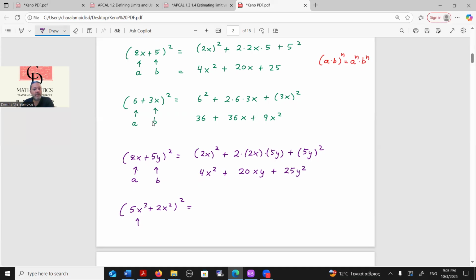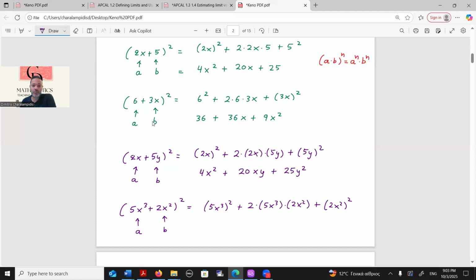A is being represented by the entire 5x cubed, so that should be A. B is being represented by 2x squared. So to initiate this expansion, I should do A squared, which is 5x cubed squared, plus 2ab, so 2 times 5x cubed times 2x squared, plus b squared, so 2x squared and all that squared.